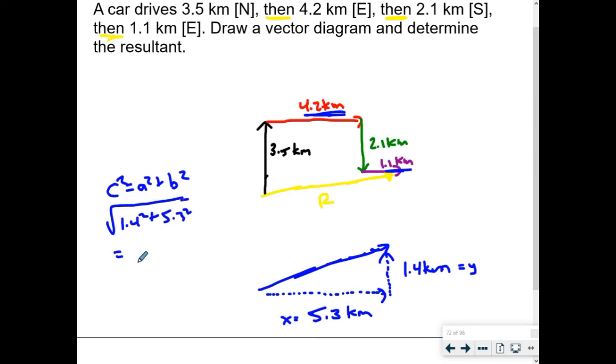So 1.4 squared, add 5.3 squared, square root the whole thing, and I'm going to get the answer of 5.48, etc. Now, if this is a number you're planning on using again in the future, I highly recommend you store it as, say, letter A, since we haven't used any letters yet in this lesson. Since we're not going to be moving on in this example, we can go right to proper sig digs, which is going to be 5.5 kilometers. So that's a net distance of 5.5 kilometers from your start to your finish.